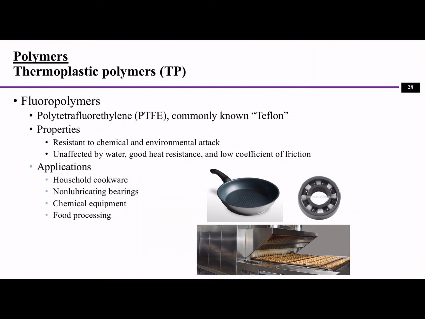Fluoropolymers. For this type of polymer, the common one is actually Teflon. We hear this word probably from our cookware, right? When you go to the store, you might see this Teflon material for pans or for cooking.